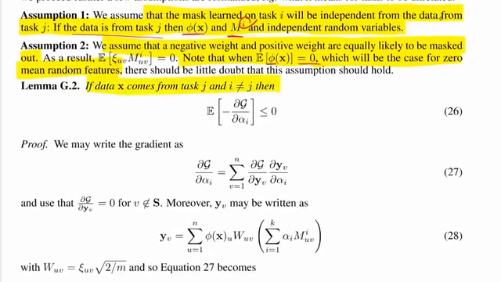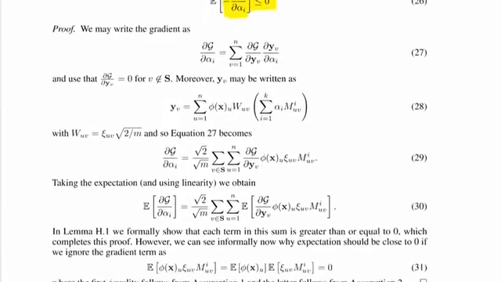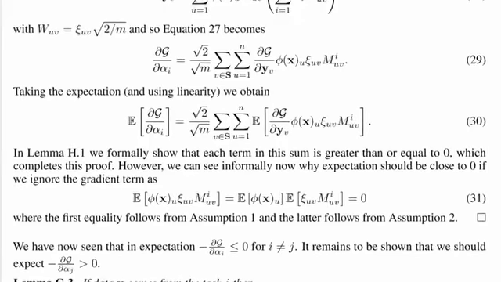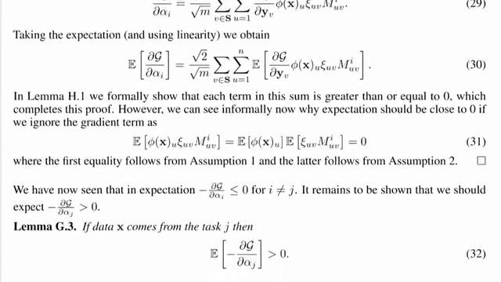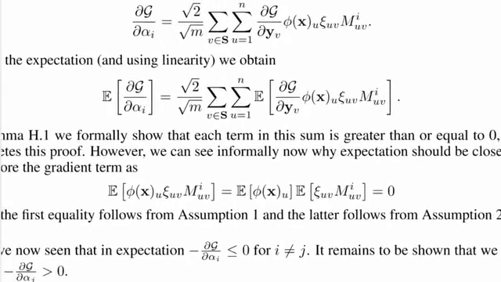If the data X comes from task J, then when you derive by an alpha that's not of task J, you get a number that's smaller than 0 in expectation. And here, the crucial part is you reframe this gradient. And what you'll see is that this here comes out.